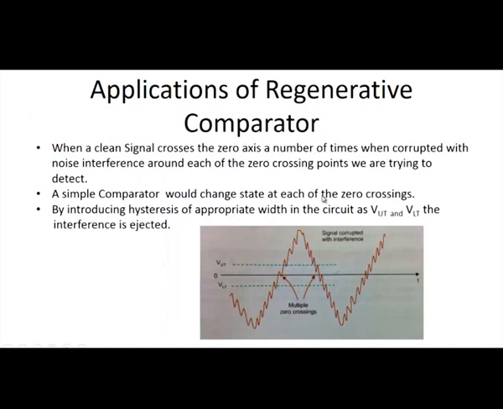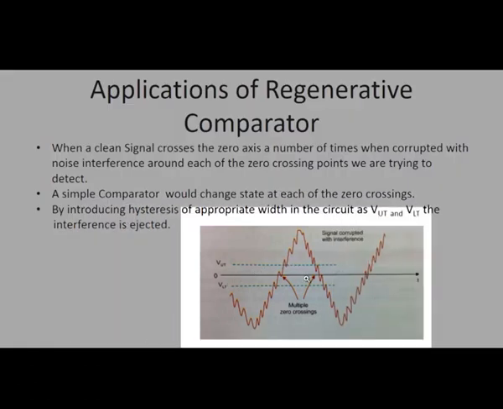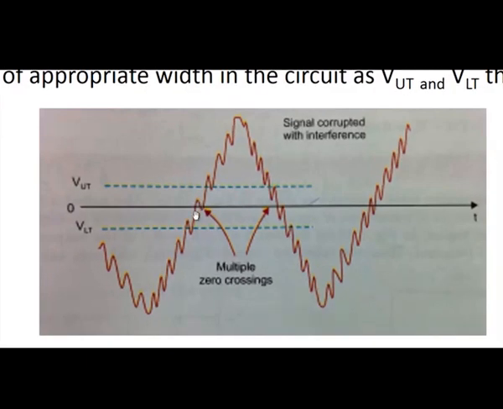This is one of the applications of the regenerative comparator. Consider this signal, which is added up with high frequency noise. If you give this signal to a normal comparator, then you will have n number of zero crossings at this point. If you see, this is a zero crossing, and again this is a zero crossing. So, if this signal is given to a normal comparator, you will have many transitions for every zero crossing.